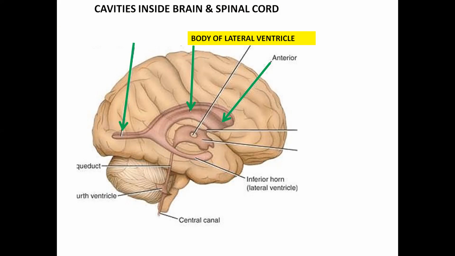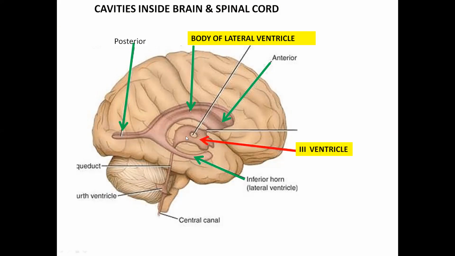It extends backwards into the occipital lobe, where it is called posterior horn. Then it extends downwards into the temporal lobe, where it is called inferior horn. And I've told you, both the lateral ventricles do not communicate with each other. They are separated by septum pellucidum.